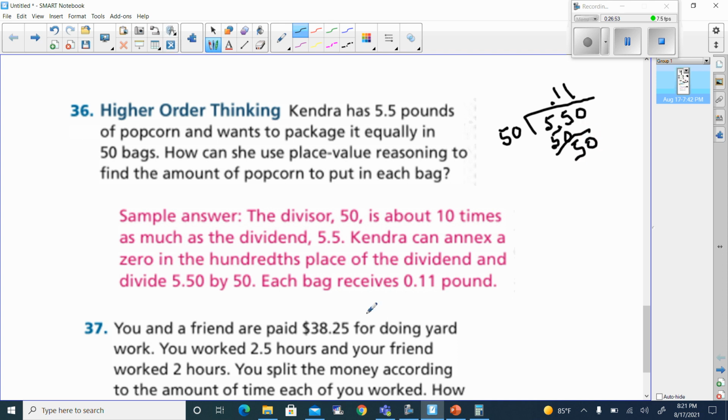All right, that does make a lot more sense. Okay, so when they say annex a 0, it means you might have to add a 0 here in order to get the place value in dollar signs. Because remember, dollar sign ends in the 100th place, right? So we have the tenths and the hundredths here. We want to make sure that we have a place value there to fill in. So we'll have to annex a 0.